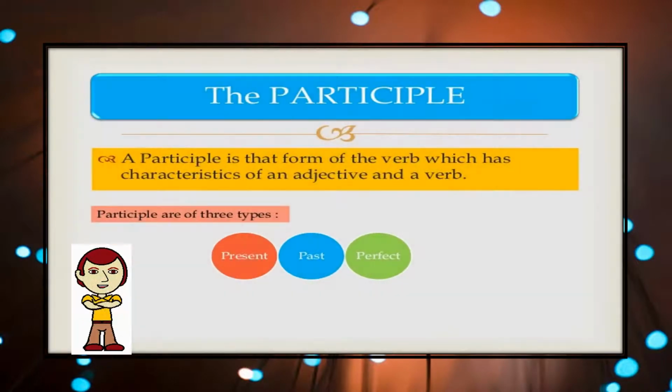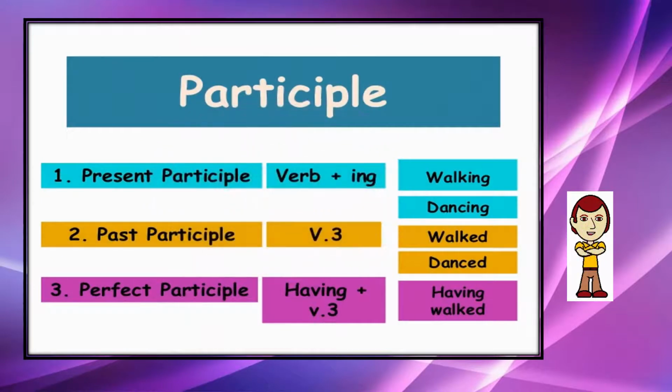The participle. A participle is that form of the verb which has the characteristics of an adjective and a verb. Participles are of three types: present, past, perfect. So let's learn more about these participles of tenses. Present participle: verb plus ing. Example, walk.